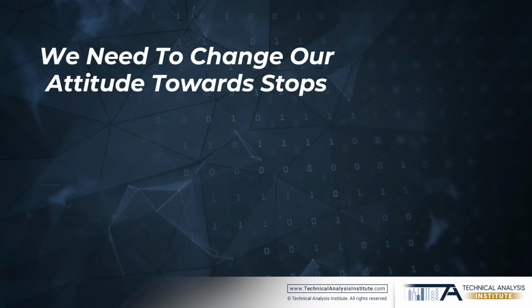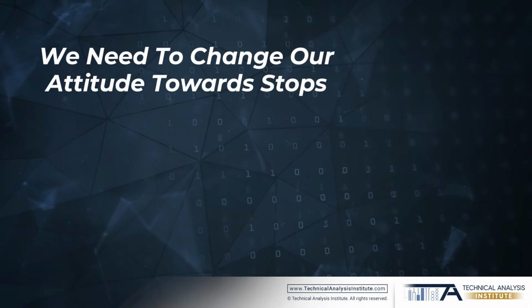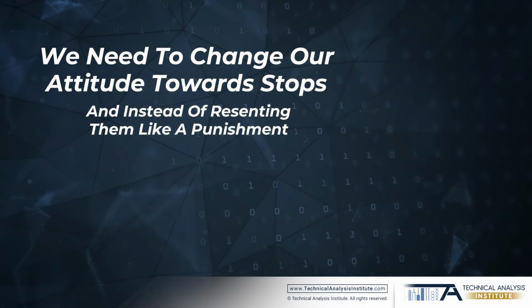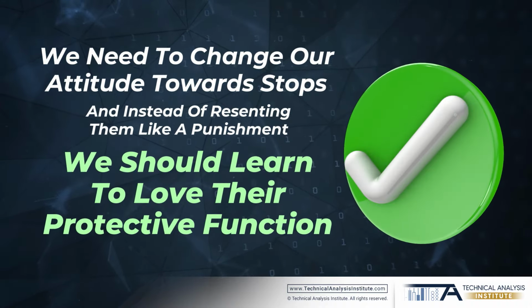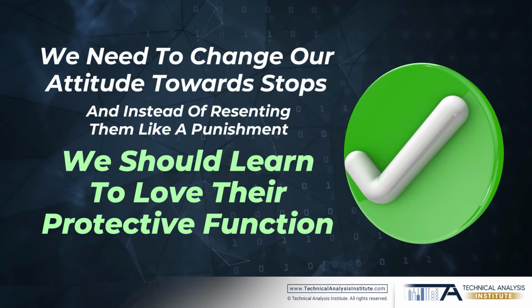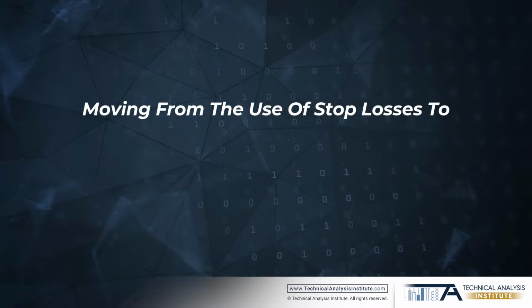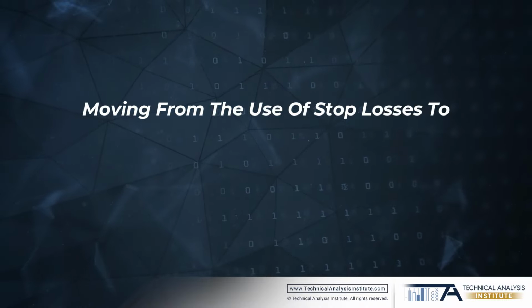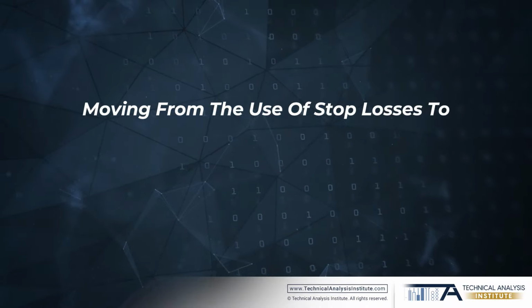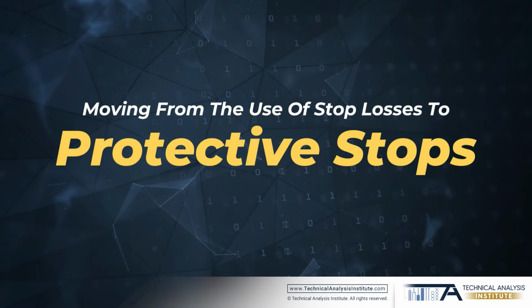Basically, we need to change our attitude towards stops, and instead of resenting them like a punishment, we should learn to love their protective function, and all that starts with moving from the use of the term stop losses to the use of the term protective stops.